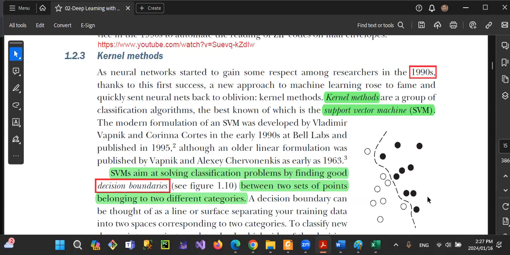Any idea? So my suggestion is just search for what is the science behind SVM, support vector machine.